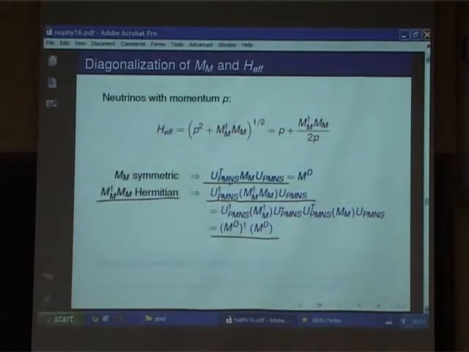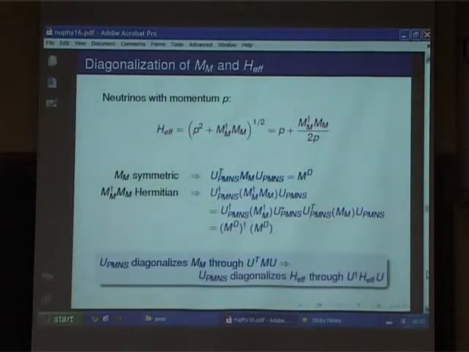What does this mean? I use UPMNS as U transpose U and diagonalize MM. I use the same UPMNS, as U dagger U, and diagonalize H. So the lesson is, if UPMNS diagonalizes MM like this, U transpose U, it diagonalizes H effective through U dagger. Therefore, we use the same matrix for Majorana masses and for the effective Hamiltonian.